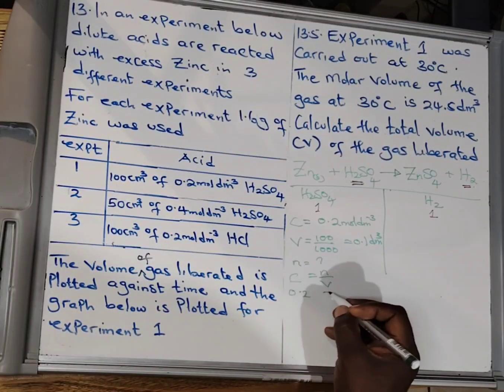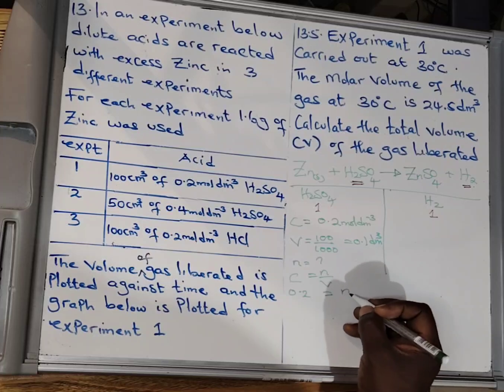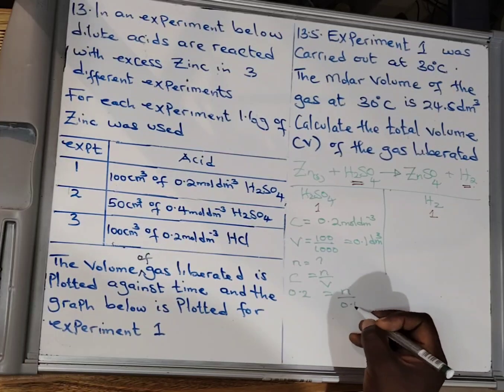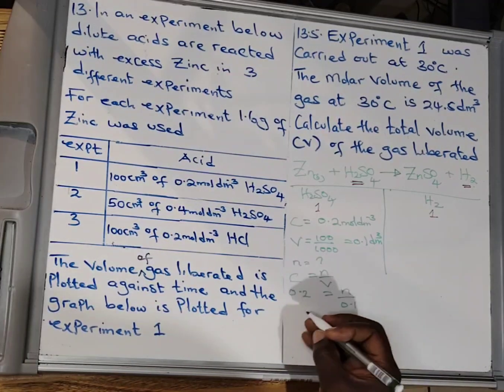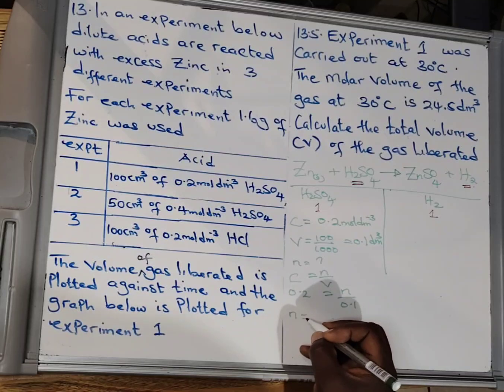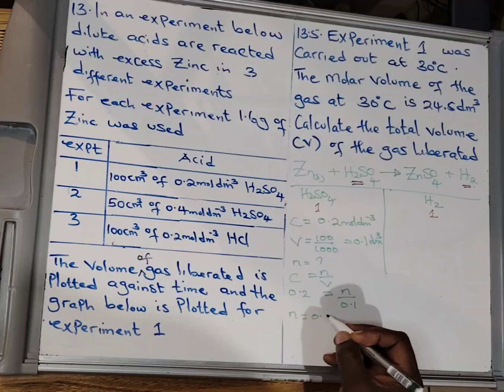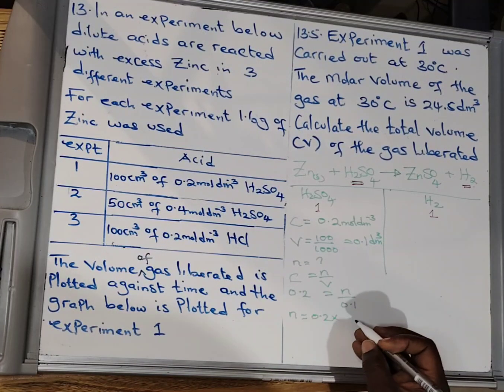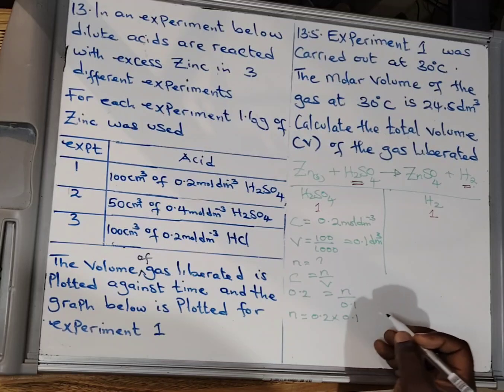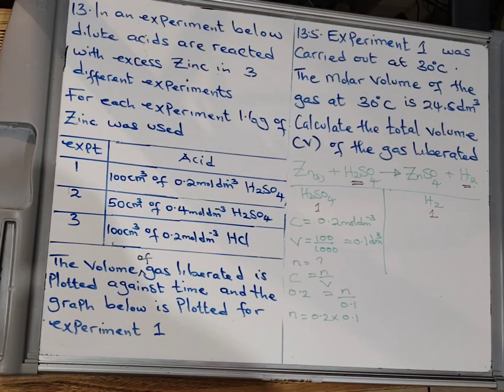So after substitution, this is what we have. Number of moles are now known. It's going to be 0.2 times 0.1.